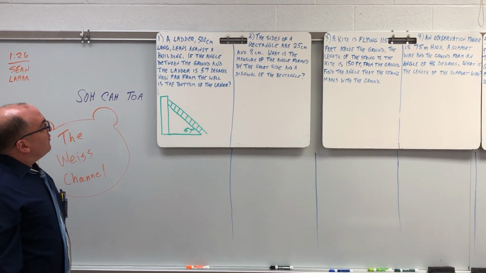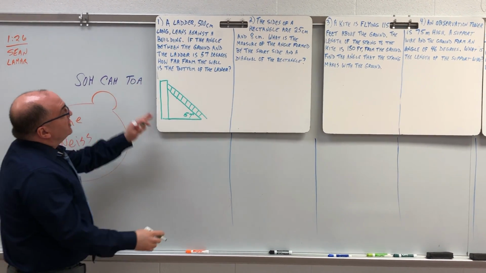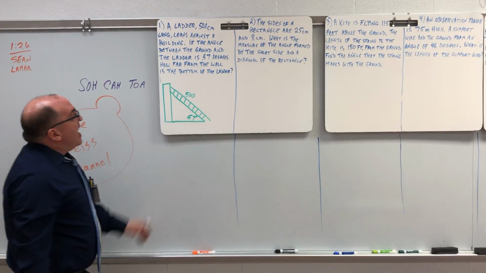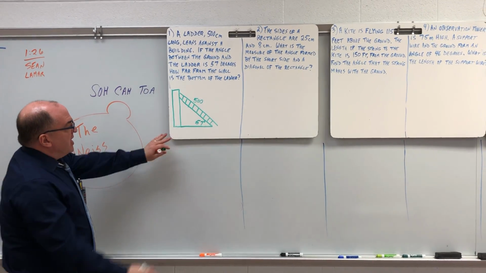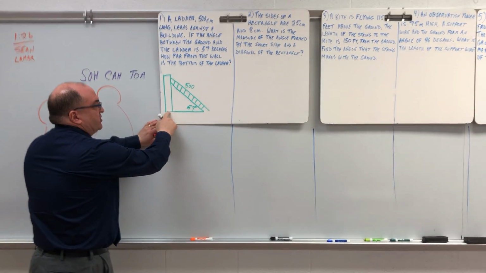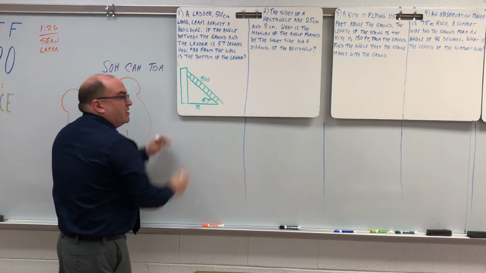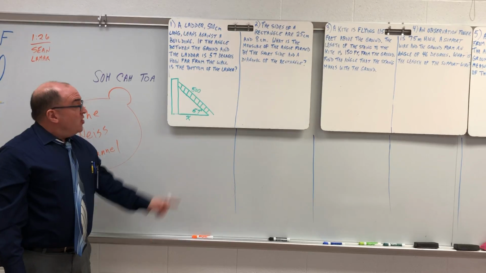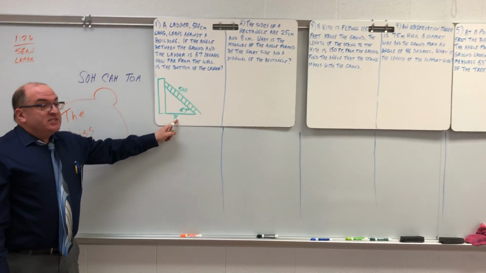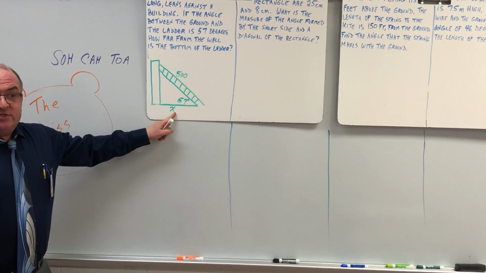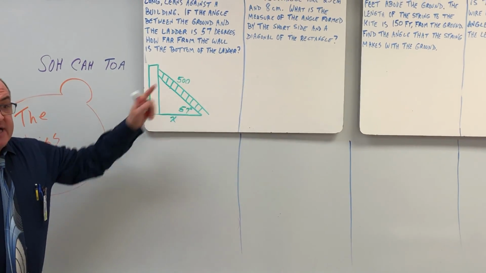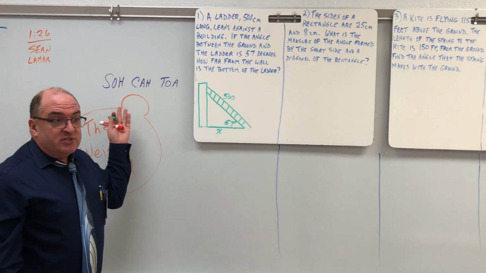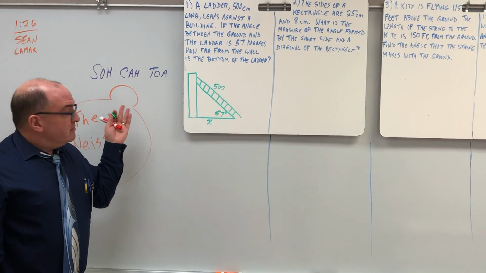How far is the wall from the bottom of the ladder? The ladder is 500 centimeters. Here's the bottom of the ladder. Here's the wall. I'm looking for that. So, if this is 57, what's this? Opposite, adjacent, or hypotenuse? Adjacent. And this guy's the hypotenuse. What's adjacent to hypotenuse? Cosine.